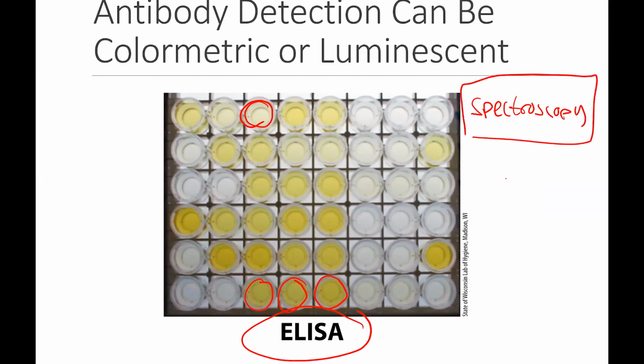So we can use spectroscopy and then analyze a plate like this. And it will tell us, for example, your color change here is 3, your color change here is 1, your color change here is 0.5, and here it's 0. And this lets us quantify, gives us a number, an actual set of data to quantify how much protein is in a sample.